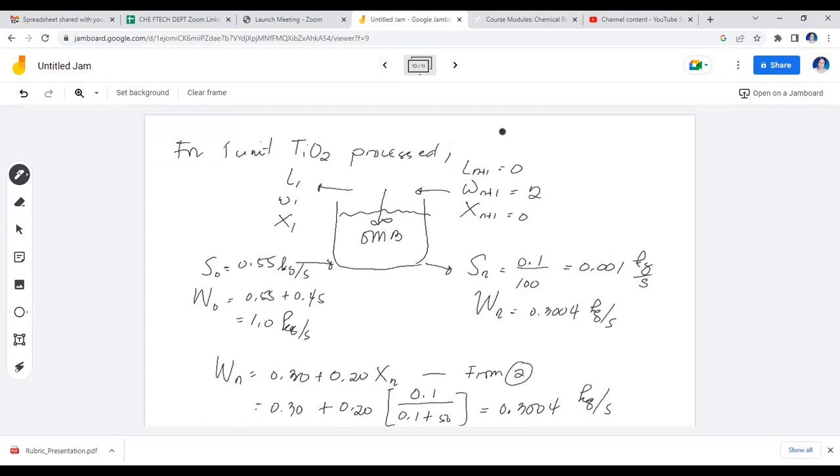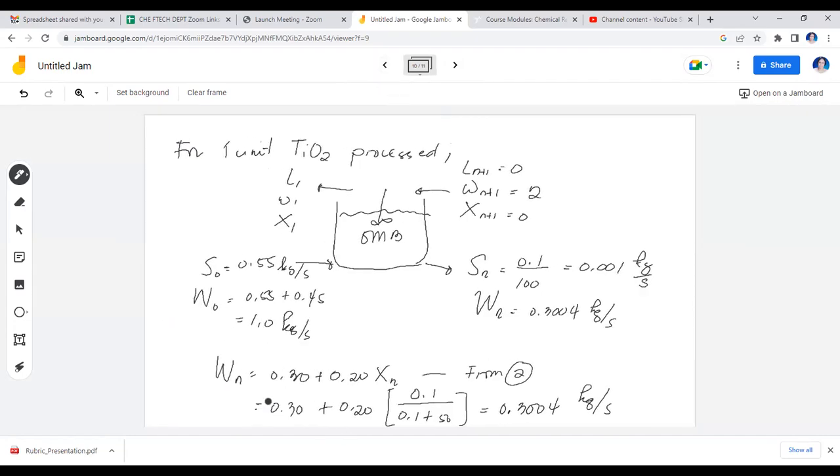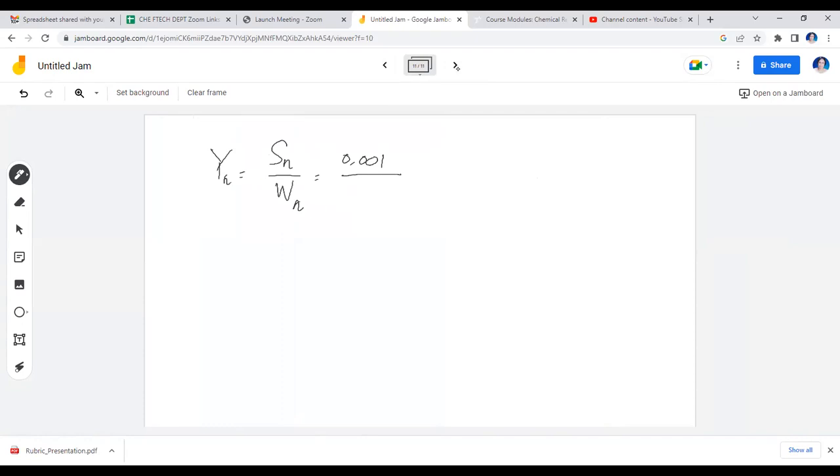Okay, the 0.001 divided by the W sub n we got in here, the solution, 0.3004.